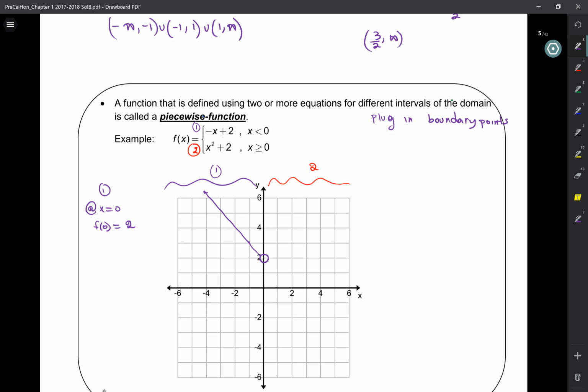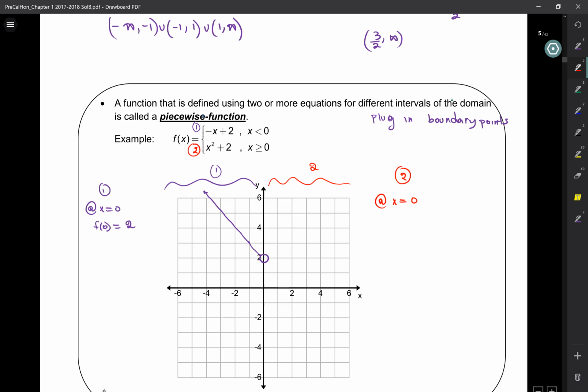Okay, this function is only allowed to live when x is less than 0. This is x is 0. This is the region, the interval where x is less than 0. Now, the second function is only allowed to live over the interval x is greater than or equal to 0. So it only lives on this part. You've got to plug in 0.